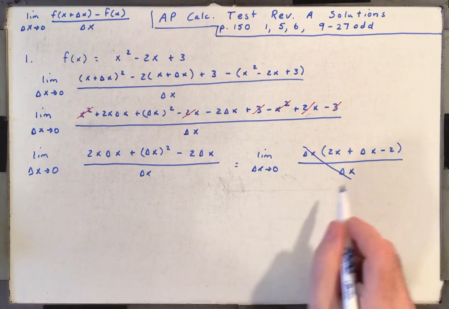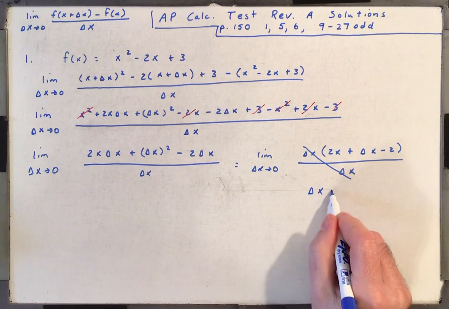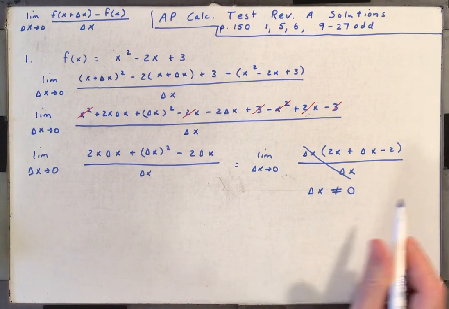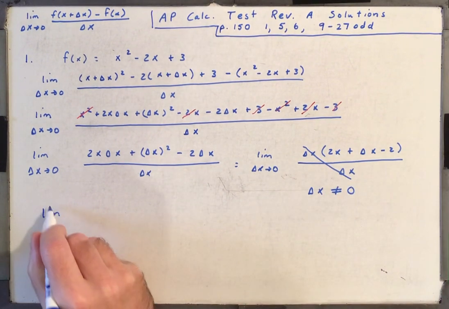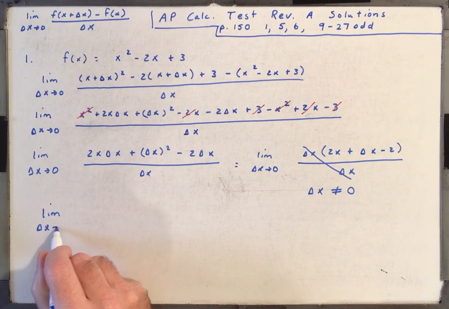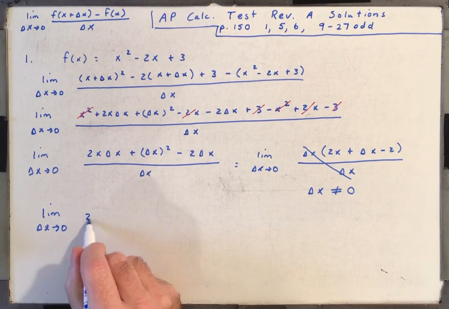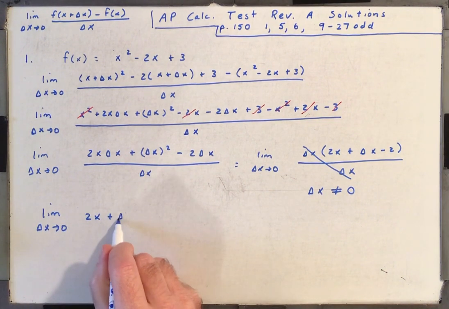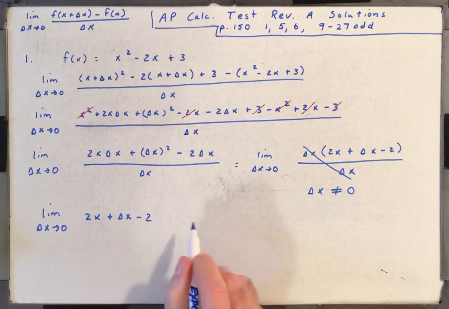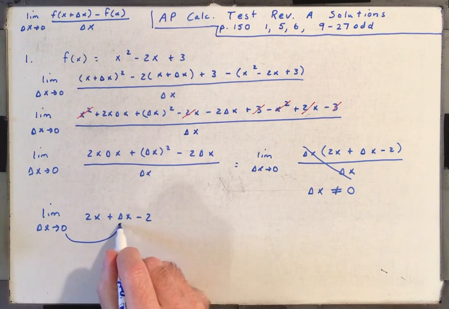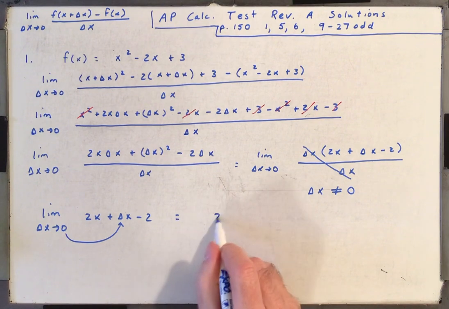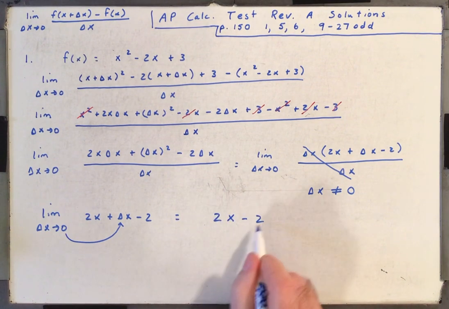We can cross those delta x out, cancel them as long as delta x does not equal 0. And we're taking the limit as delta x approaches 0 now of 2x plus delta x minus 2. Going to plug that 0 in right there. And the answer is 2x minus 2.